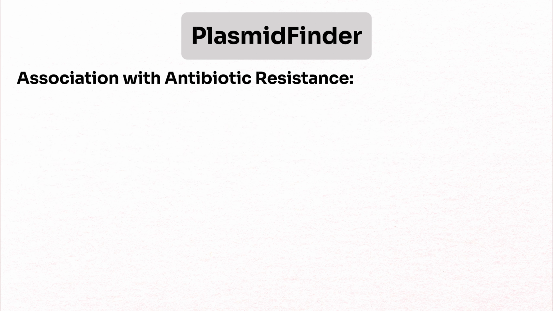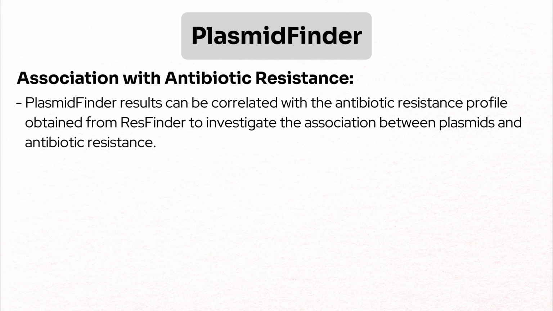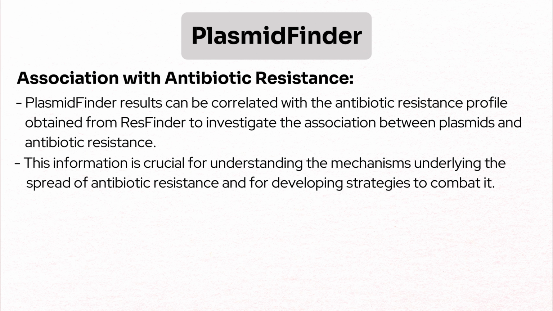Association with antibiotic resistance. Plasmid Finder results can be correlated with the antibiotic resistance profile obtained from ResFinder to investigate the association between plasmids and antibiotic resistance. This information is crucial for understanding the mechanisms underlying the spread of antibiotic resistance and for developing strategies to combat it.